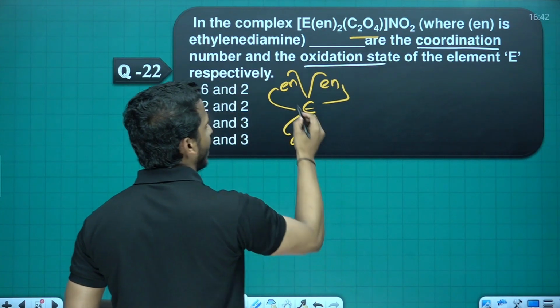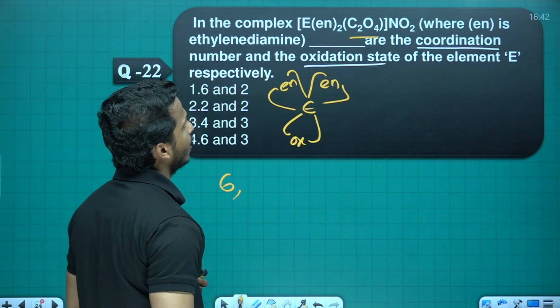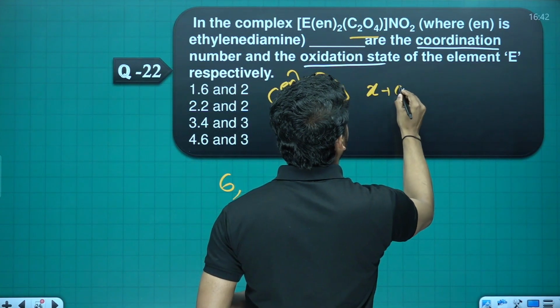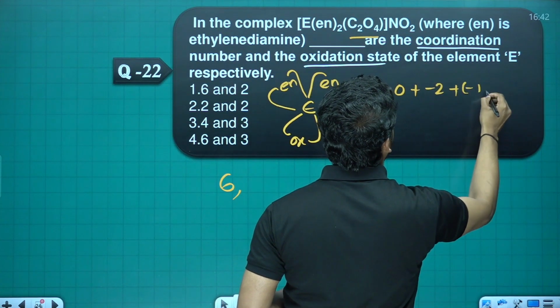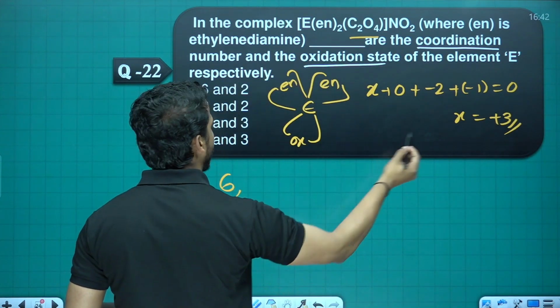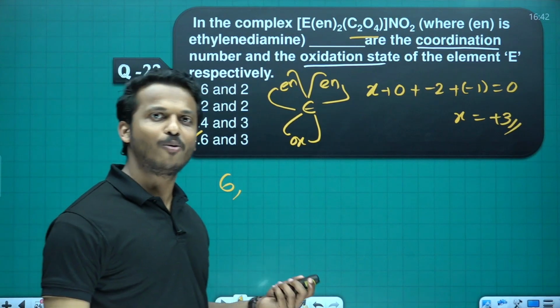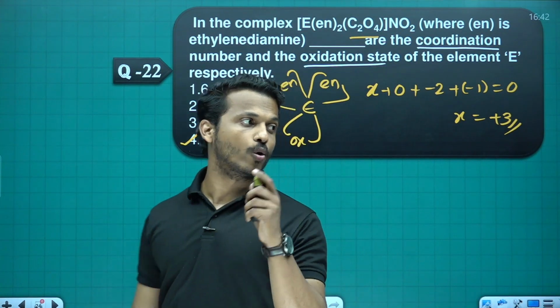Oxalate is also bidentate. Total 6 sigma bonds are there. So coordination number 6. Then what is the oxidation state? E charge is X. En is a neutral ligand. Oxalate is -2. Nitro is -1. Overall 0. X is equal to +3. So 6 and 3. Where you can see, my dear, option 4, 6 and 3. See how many questions are repeated. They ask you the oxidation state and coordination number.